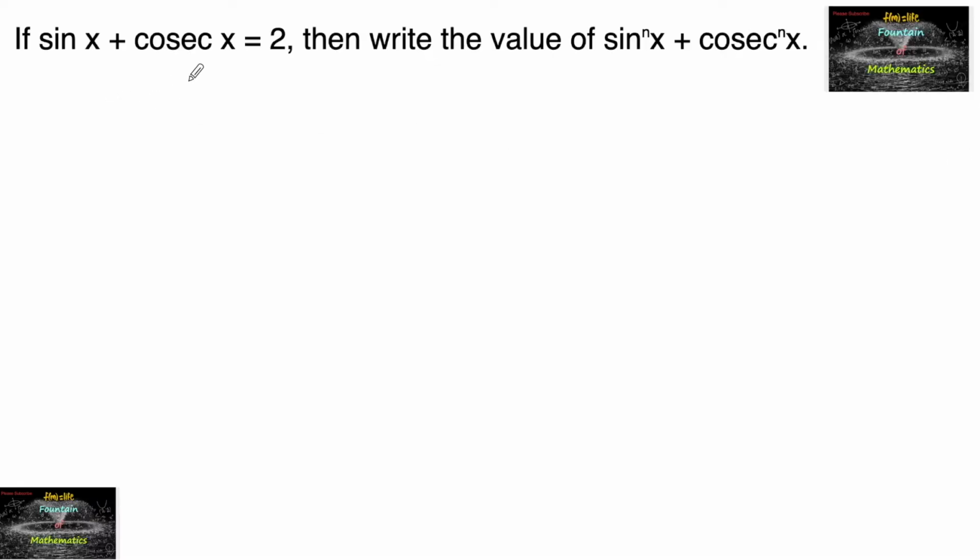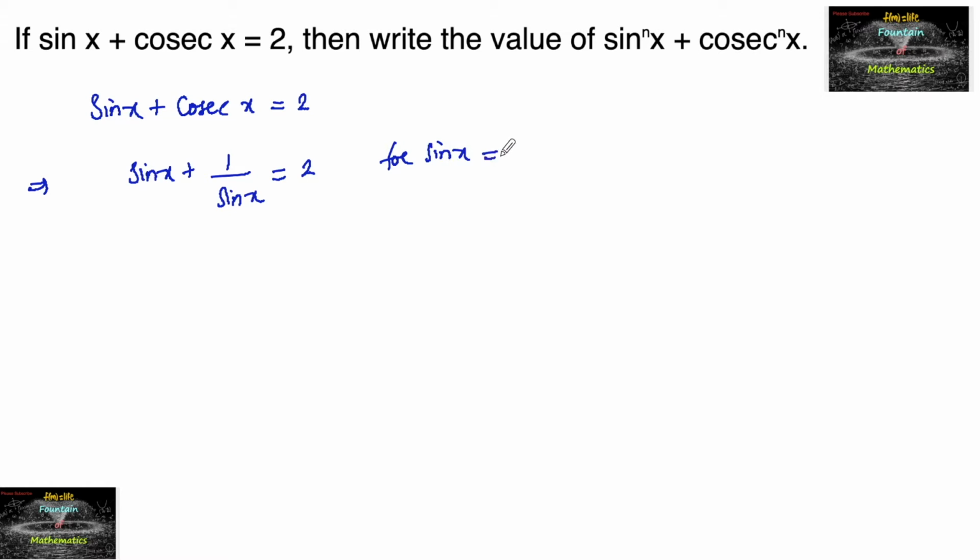If sin x plus cosecant x is equal to 2, then write the value of sin to the power n of x plus cosecant to the power n of x. Sin x plus cosecant x is equal to 2, which implies sin x plus 1 upon sin x is equal to 2, for sin x not equal to 0.